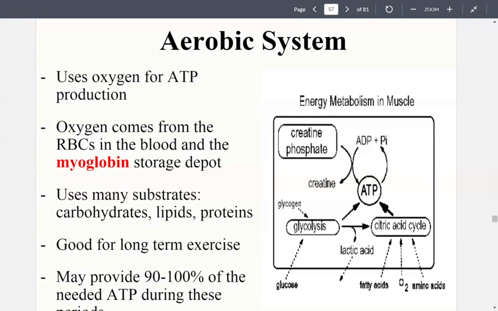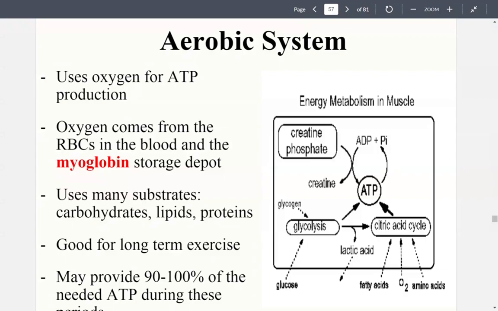Now, this system is going to use multiple different sources or substrates to create this energy. Carbohydrates, lipids, and proteins are all perfectly valid. The most efficient one, and the one this system likes to use, is glucose. Glucose creates 38 ATP and fits right into this system, easy peasy. However, you can put fatty acids in.